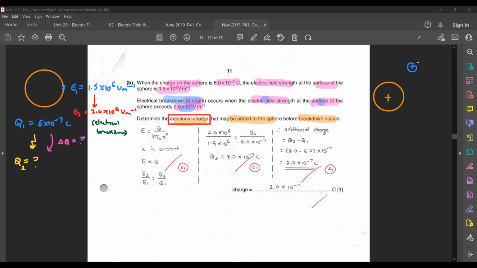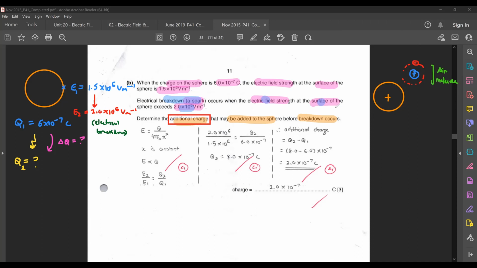Your air molecules consist of a positively charged nucleus and negative electrons that are orbiting around it. Something like this, just one of the air molecules represented here.